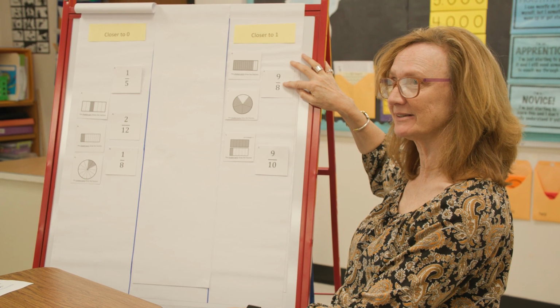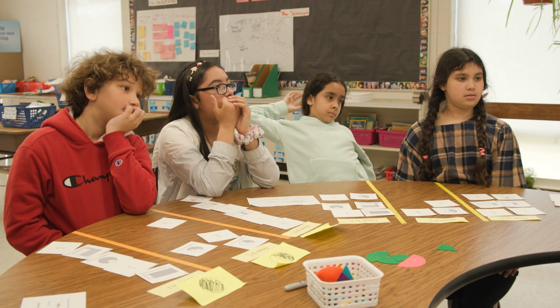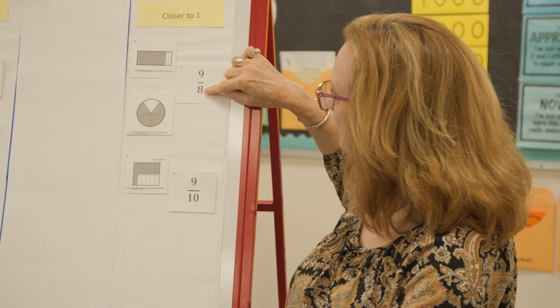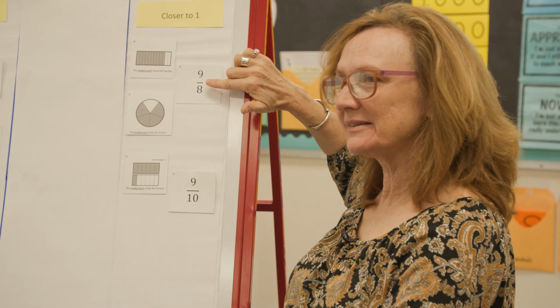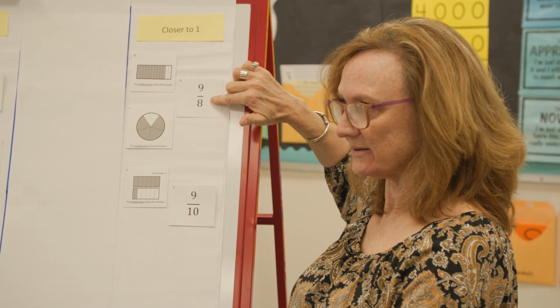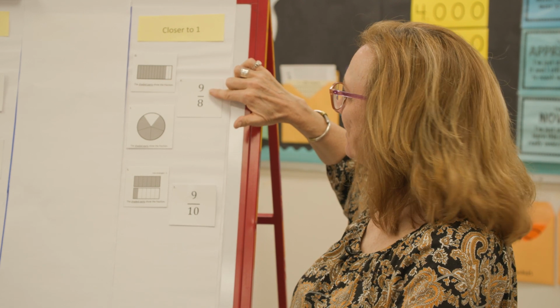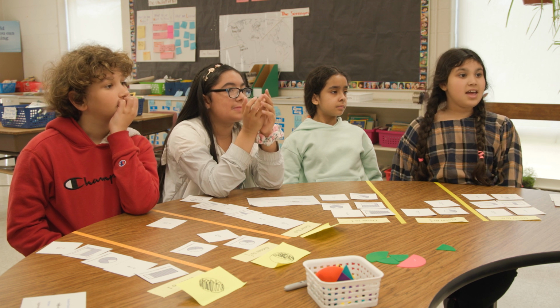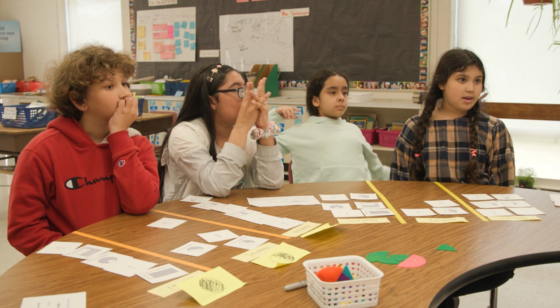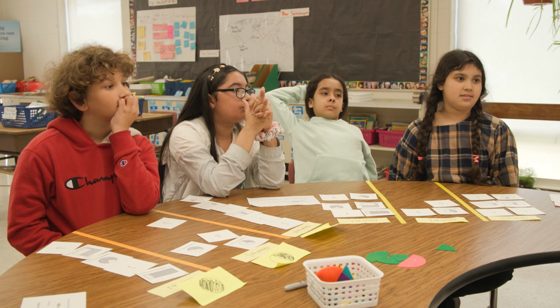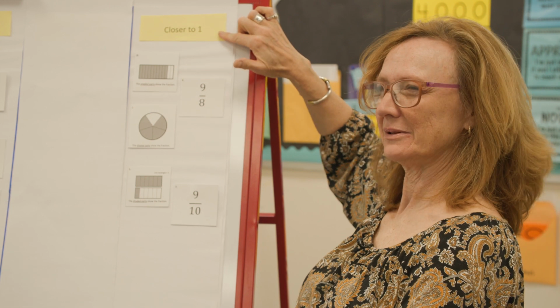It tells you something, doesn't it? If this fraction, 9/8, were exactly one whole, it's not exactly one whole, what would it be? 8/8. Okay. But it's 9/8. If you minus 1/8, it would be 8/8. So you see why this would be closer to 1?